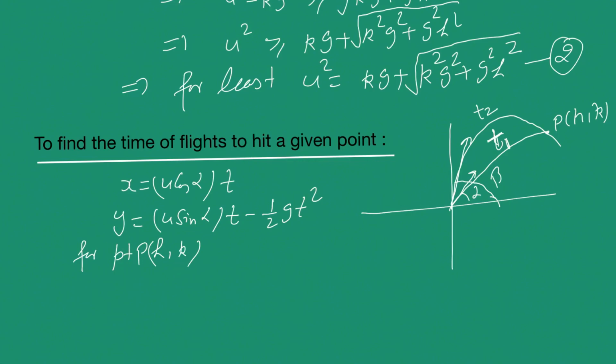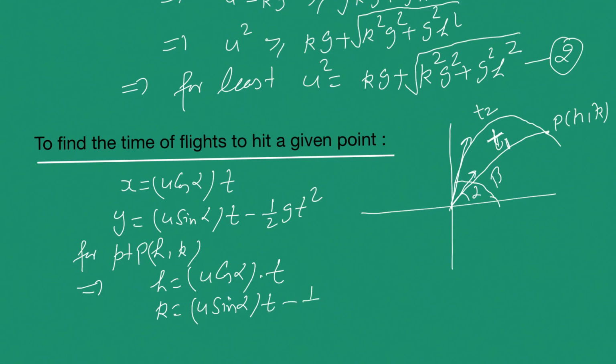This implies h = u cos alpha t, and k = u sin alpha t minus 1 by 2 g t square. These are named equations 3 and 4.